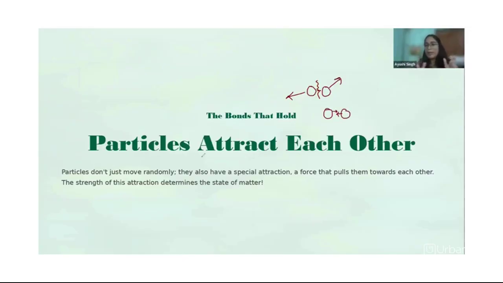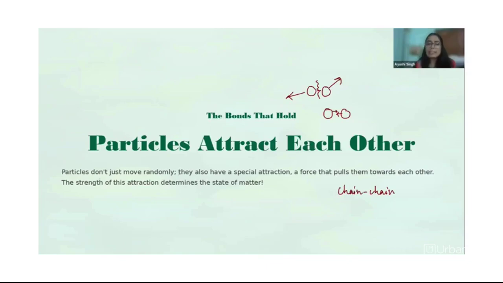That's why your whole object is not degrading into particles. If this particle moves this side, and that one moves the other side, and the bond breaks between them, everything would shatter. But this is not the case. Particles keep holding on to each other even while buzzing. For example, in childhood you might have played chain, where you hold hands and run. Two people are pulling each other away, but they are still holding hands, so they are not going away.